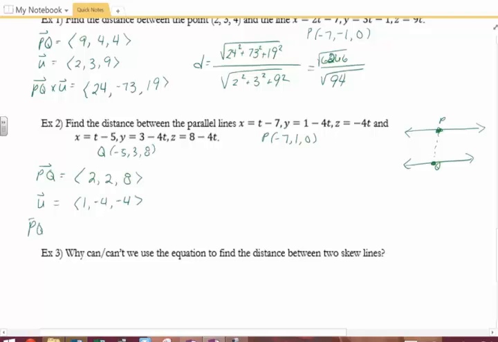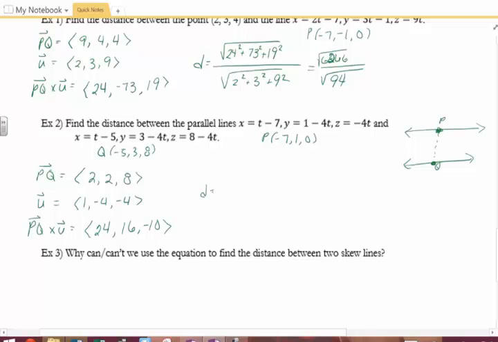So then PQ cross U is going to be -8 plus 32, which is 24. Then -8 minus 8 is -16, but I have to negate it. And another -8, lots of -8s. -8 minus 2 is -10.